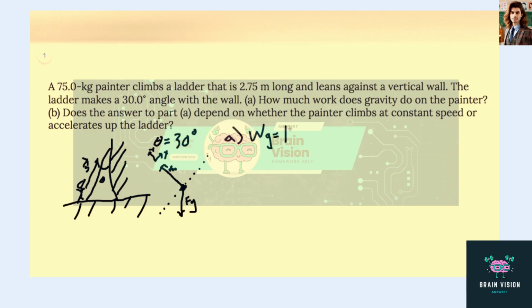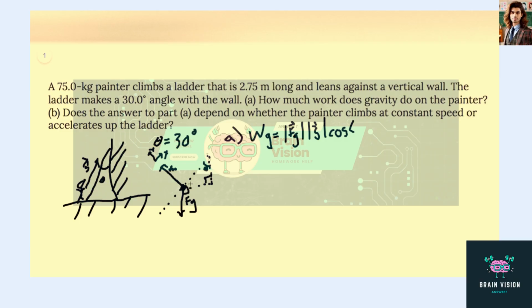So we have the magnitude of the force of gravity times the magnitude of our displacement, which we are given, times the angle between them. So we see that this is pointed straight down. And if we think about our triangle, we have 90 degrees there, theta, which is 30 degrees, 90 degrees here.